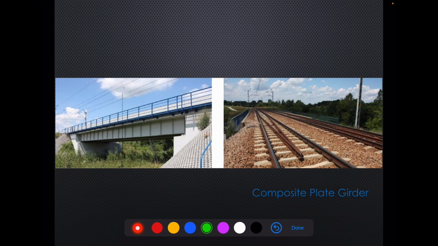On the left hand side, this is basically our steel plate girder, and above this we have this deck slab. Now, if we look at the picture on the right hand side, from here up to here, we have normal track laid over earthen embankment.